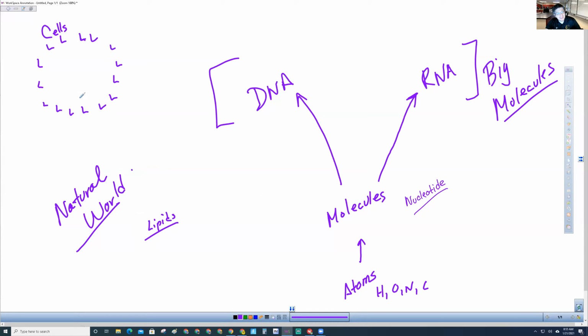And then inside the cell, there's these things that start with the letter P. What are those things called? Proteins. That's right. There's proteins. Also, there's things inside the cell that give it energy, that allow it to make energy. What are these molecules called?